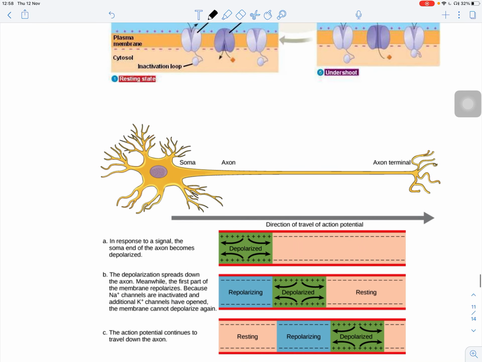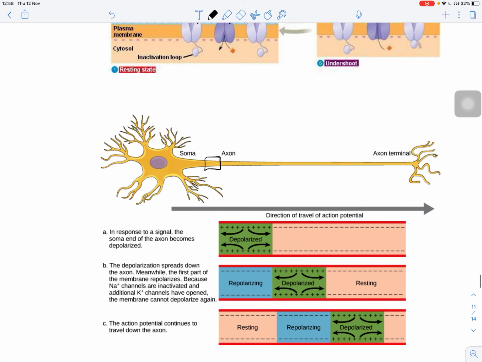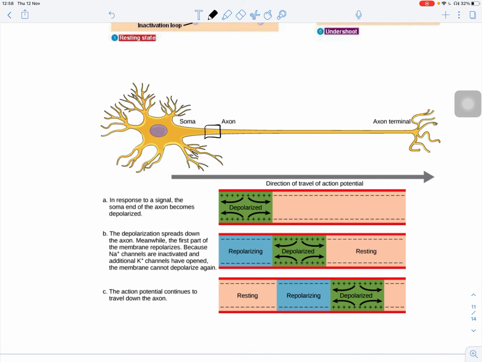The thing to remember is that what I just explained happens on one section. Then that triggers the next section to go, which triggers the next section to go, and you can see that represented right down here.